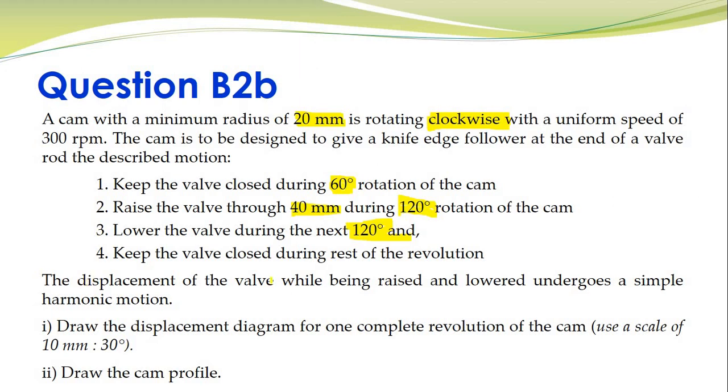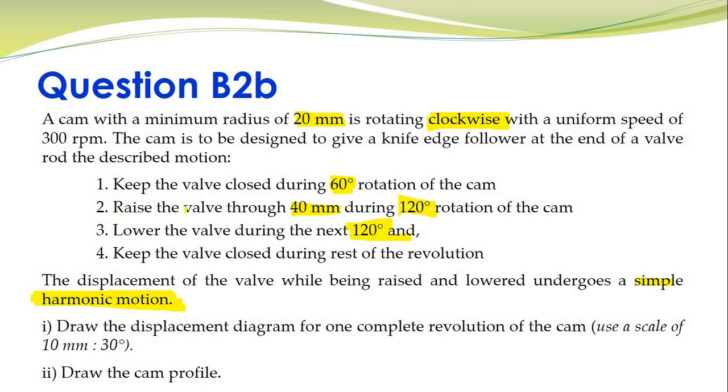The displacement of the valve while being raised and lowered undergoes a simple harmonic motion. So this becomes very important. So the motion is a simple harmonic motion. This will actually help you to determine which method you will use to draw your displacement diagram.